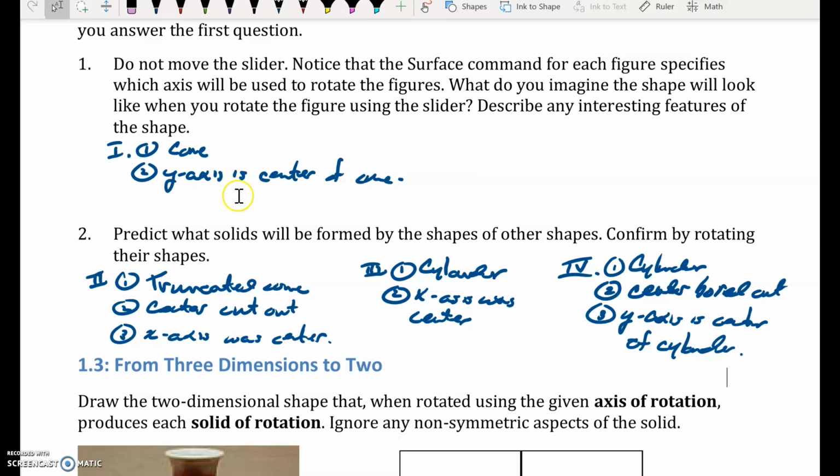All right, so there we go. That is lesson 5.1.2.